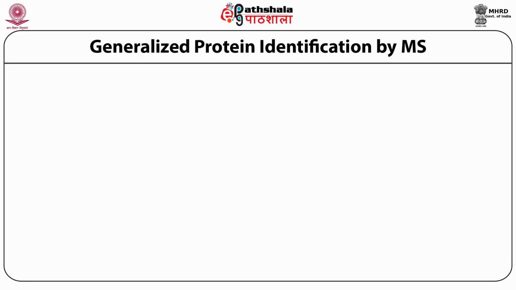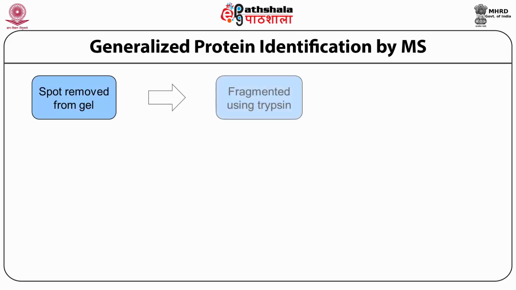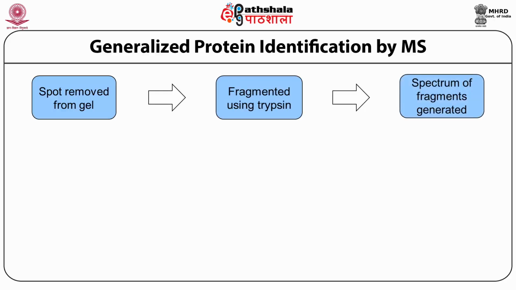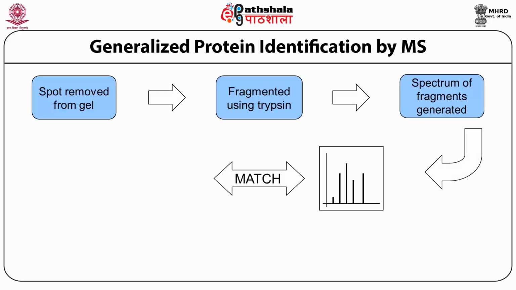For this, we require proteins or the spots which are removed from the gel. They are further degraded or fragmented using trypsin or any endopeptidase, and a spectrum is generated on the mass spectrometer, which is next matched with the databases present in bioinformatics tools.